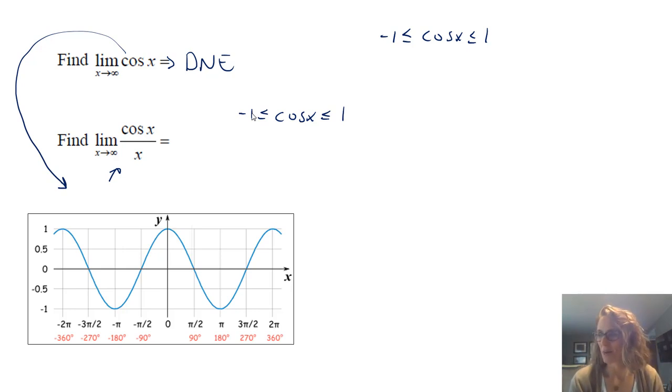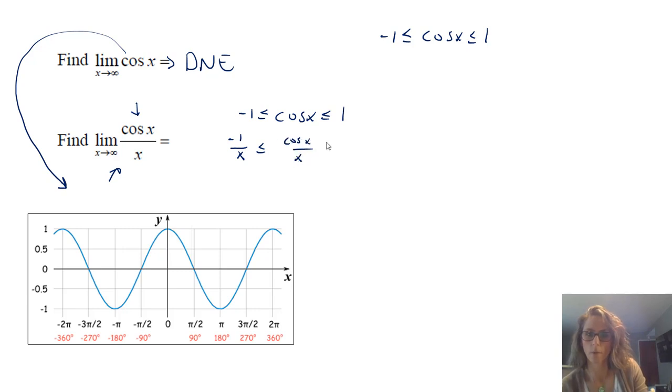And then you may remember that we used a theorem called the squeeze theorem to solve some problems back earlier in the semester, and that's going to come back. So I want to make this look like what I have right here. So to do that, I'm going to multiply my 3 sides by 1 over x, because I'm going to do it to all 3 sides. So because this is true, if I multiply through by 1 over x, this is still true.